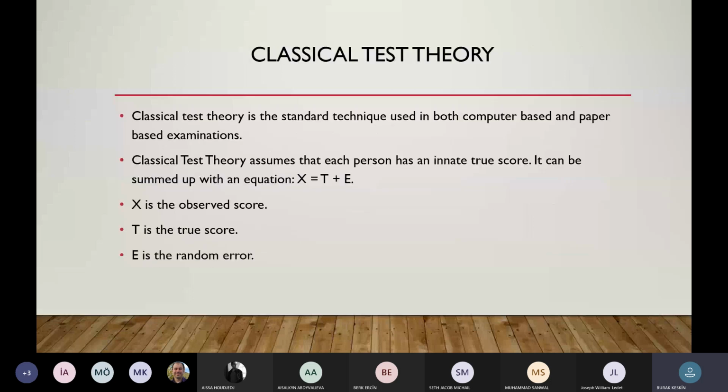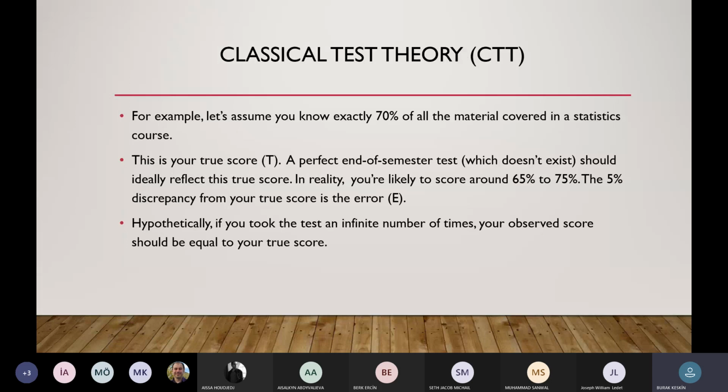Classical test theory is the standard method by which we conduct our exams. It assumes that there is an observed score, a true score, and a random score. So, for example, let's assume we know that 70% of all the material is covered in the statistics course. This is considered our true score.